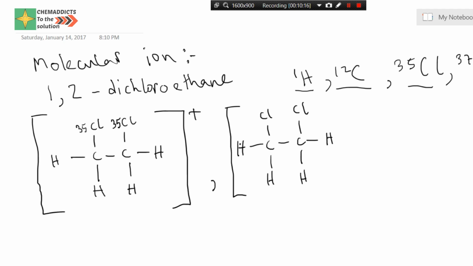Here we're going to change a little bit. We're going to put a chlorine 35 atom on this carbon, and we're going to put chlorine 37 on this carbon. Now we're going to get another molecular ion. So as far as we have found, there are two possible molecular ions.